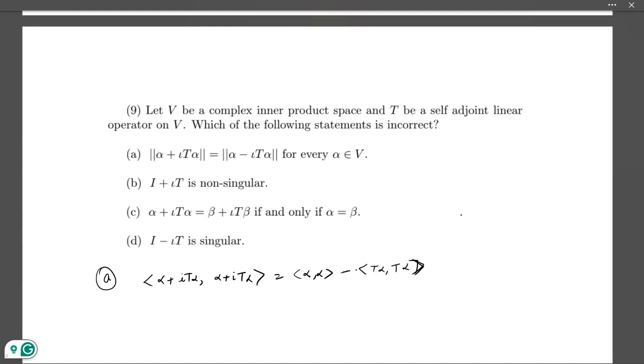This minus is coming from i square, or it will become plus, right? From the first coordinate we are getting plus i, from the second we are getting minus i. It is plus i times alpha T alpha plus T alpha alpha.